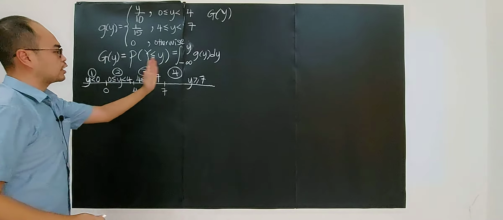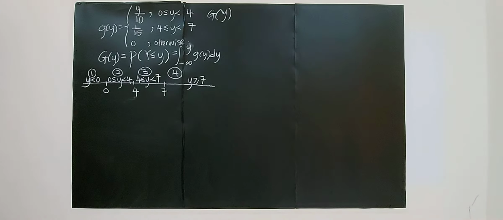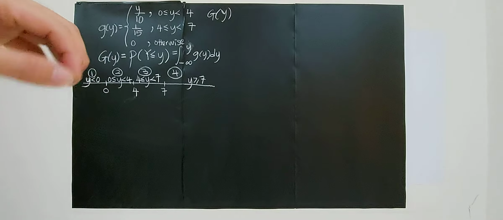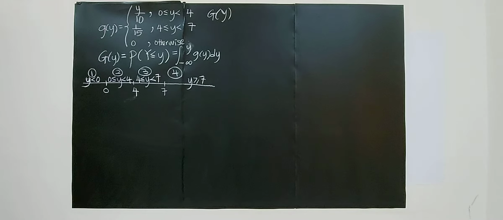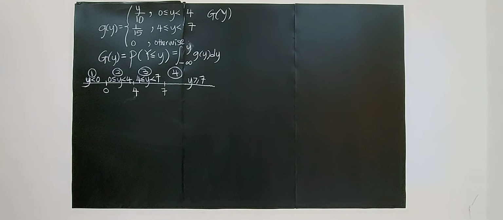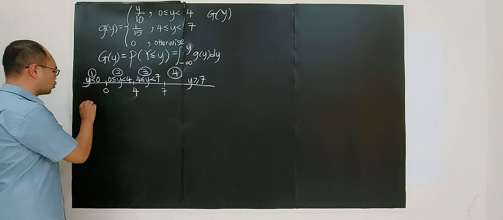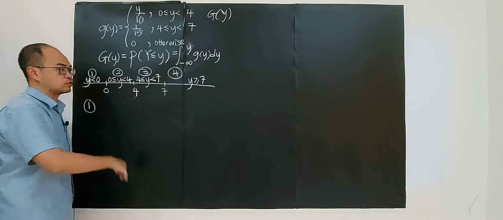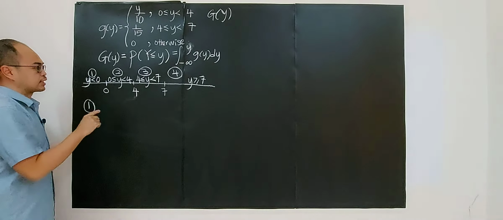So there are 4 intervals here. If you have already seen my video on how to find the cumulative distribution function, this is an extra video for you to have a better understanding, to see the flow and the pattern of how I construct it. Let's look at the first interval. You have to follow the video from the start to the end so that you can see the pattern.